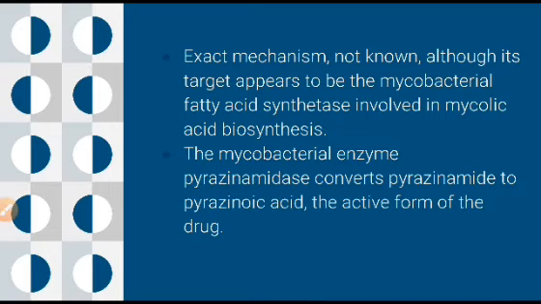You see, almost every drug has its action in that cell wall area. The mycobacterial enzyme converts pyrazinamide to pyrazinoic acid. So here also, like isoniazid, it has to convert into the active form, and that active form is pyrazinoic acid.